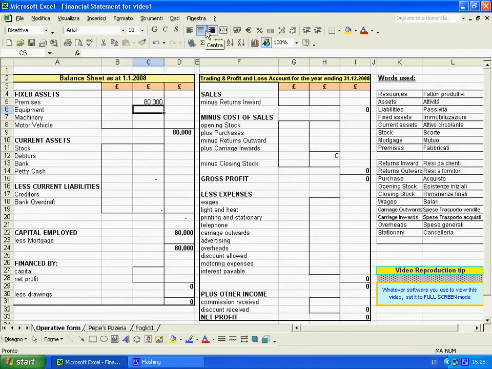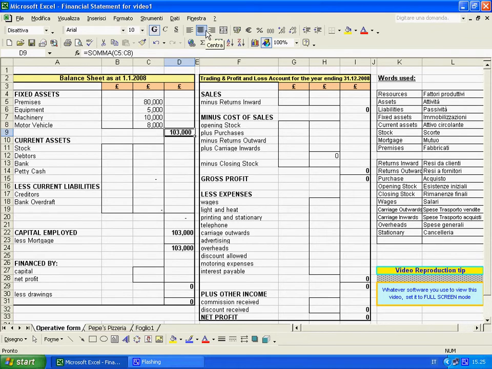£80,000. Then we need equipment for £5,000, and machinery for £10,000, and finally motor vehicle for £8,000.